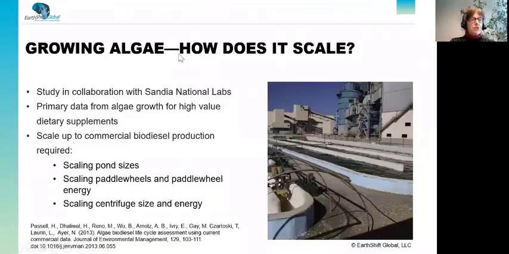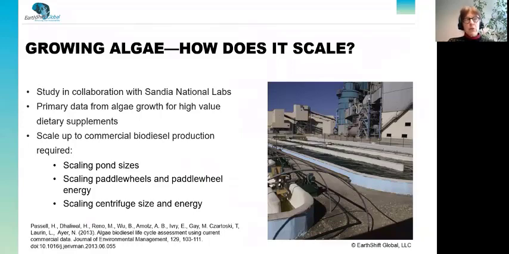The first study that we did applying what was then called dynamic LCA, I heard Eric Williams talk about at the ISSST conference a few years back. We were looking at growing algae for biodiesel production, and so we were looking at ponds.